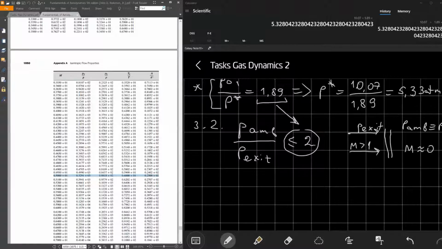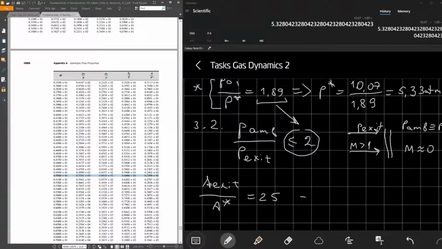So I will assume that my A exit is 25 times bigger than my throat area. I will take all the values from the previous calculation, all the flow properties, and 25. So my exit area of the nozzle is quite high, 25 times bigger than the throat.